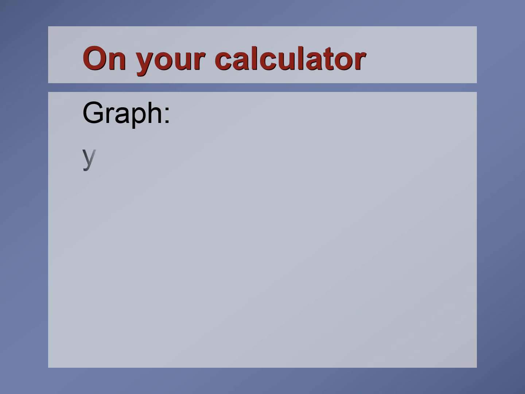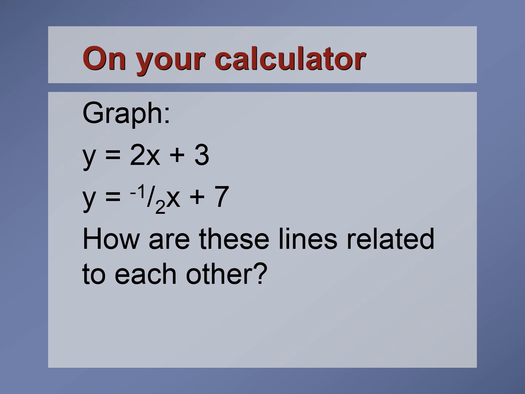So now let's try these. Do 2x plus 3 and compare it to negative 1/2 x plus 7. So if you notice, these lines, if you were to relate them to each other, these lines are perpendicular to each other. They meet at a 90-degree angle.